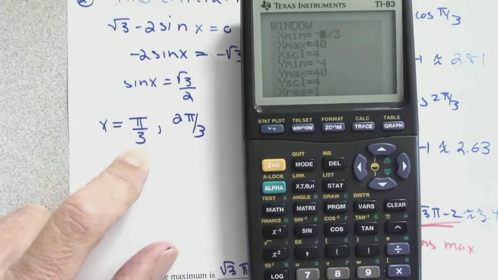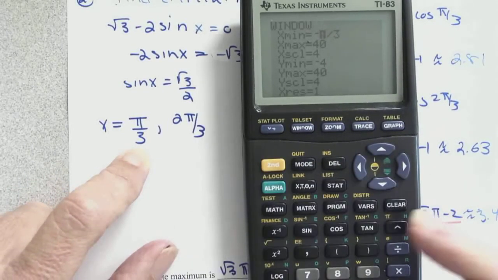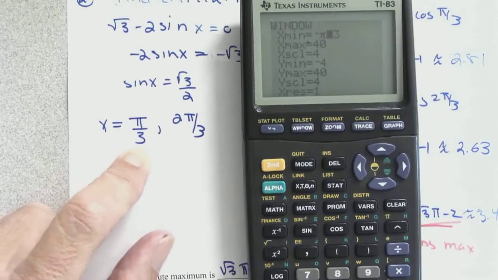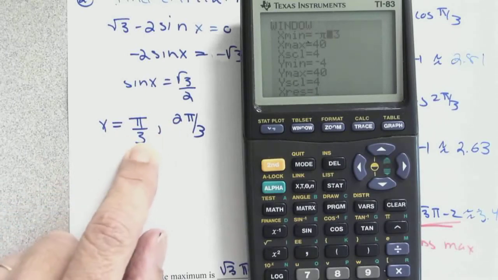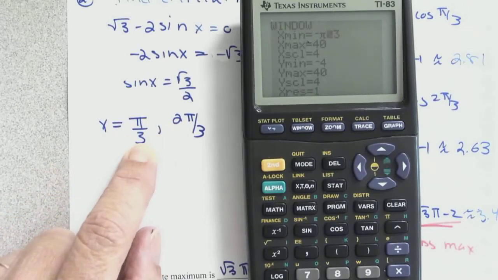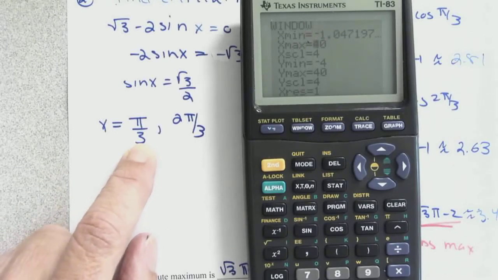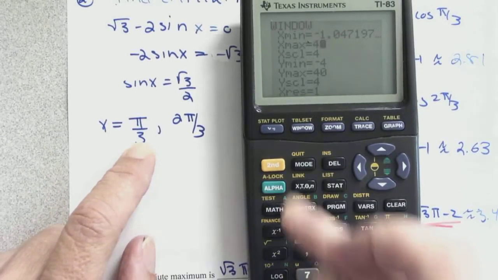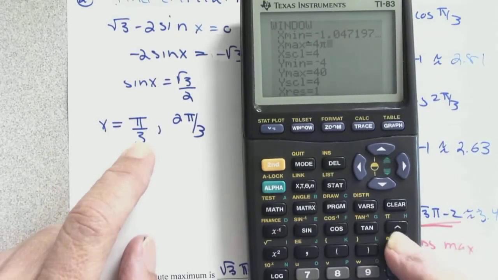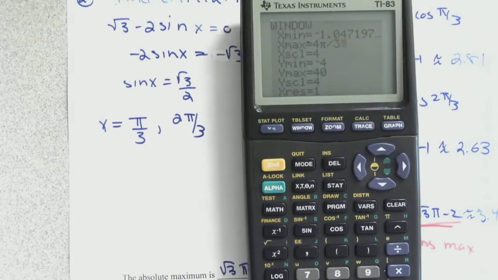I picked negative pi divided by 3 because one of my critical numbers is there, and I'm just going to count by that. And then it said go to pi. So again, I'm going to go a little bit further. Pi plus pi over 3 is 4 pi divided by 3. So I went just a little bit further than the 0 to pi.